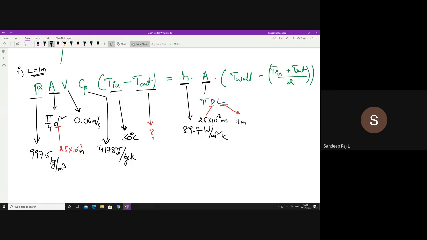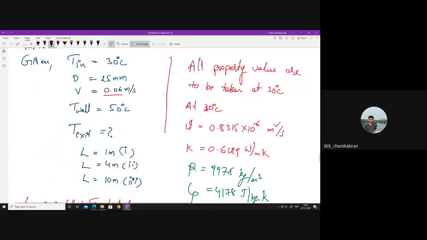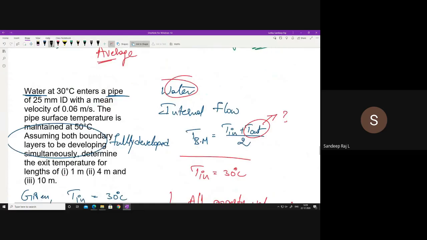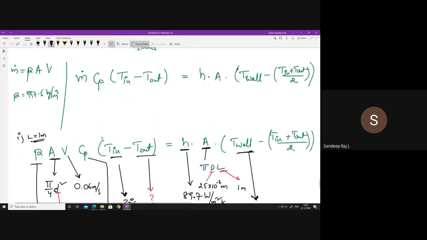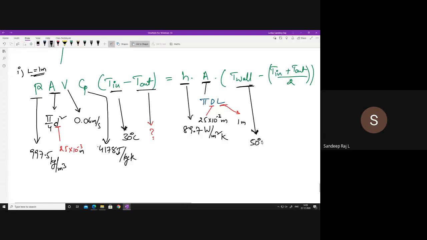L is equal to 1 in the first question, no? Yes, sir. So you keep changing this L, you will get the remaining things. What is the T wall now? T wall is given in the question, 50 degrees centigrade. So substitute that here. And you know T in again. So where shall I write this?